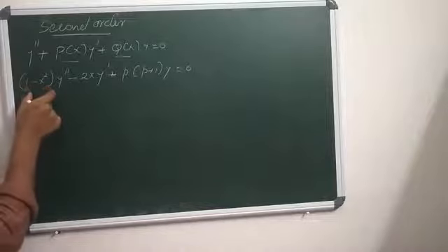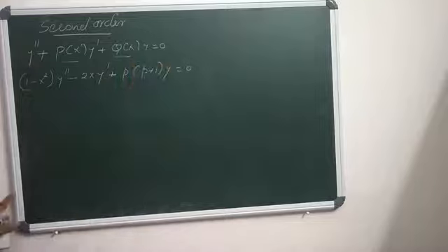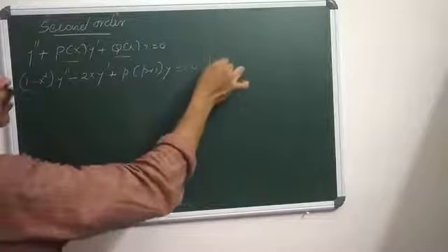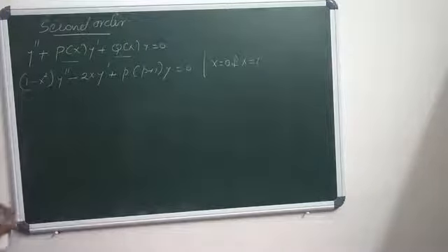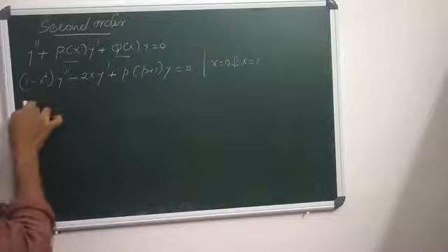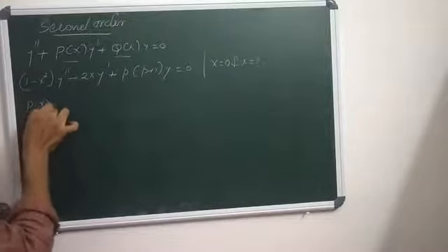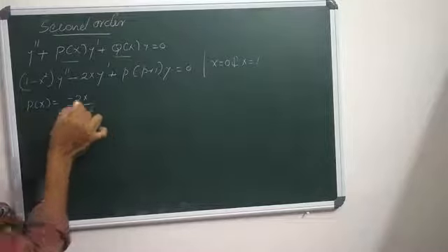Okay. So consider this Legendre equation, 1 minus x square y double dash minus 2x y dash plus p into p plus 1 into y equals 0. Let us check whether x equals 0 and x equals 1 are ordinary or singular points with respect to this equation. How? If you compare with the standard equation, what is p of x? Here p of x is minus 2x by 1 minus x square.